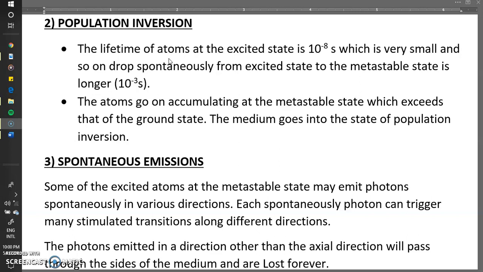And the metastable state has a longer lifetime, about 10⁻³ seconds. So the atoms keep on accumulating at the metastable state, and this leads to population inversion. Population inversion means the number of atoms in the metastable state far exceeds the number of atoms in the ground state.